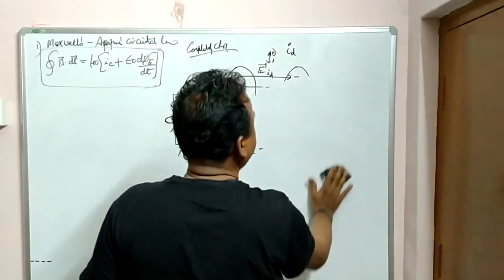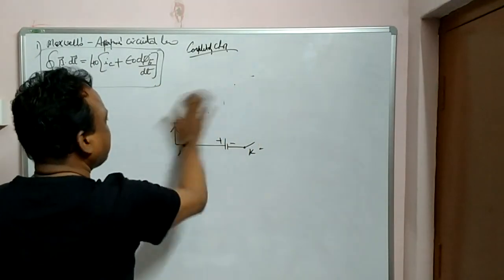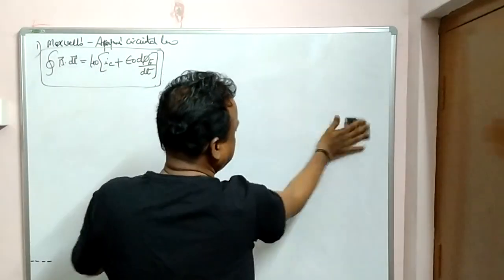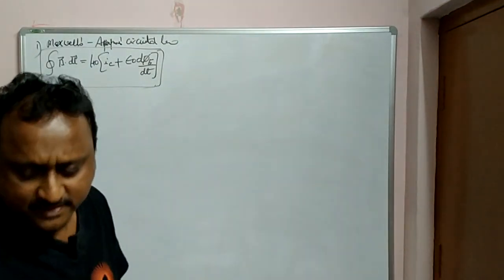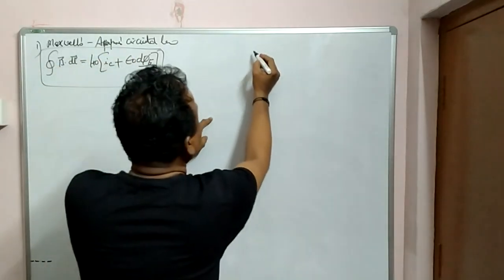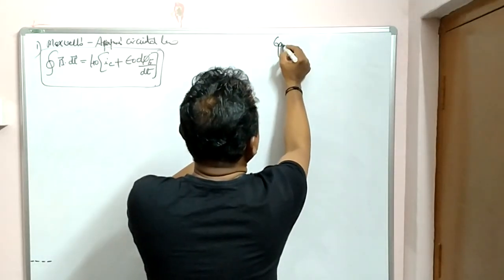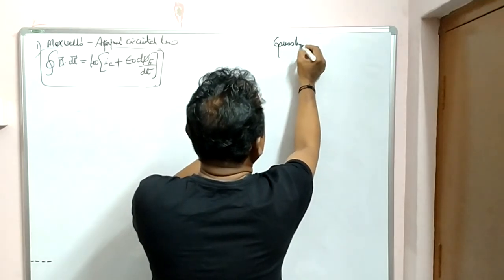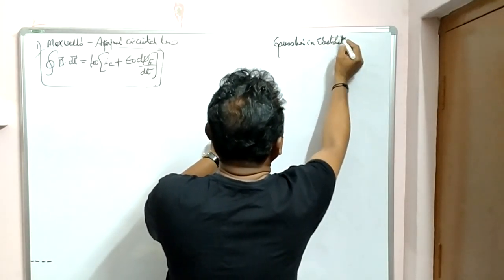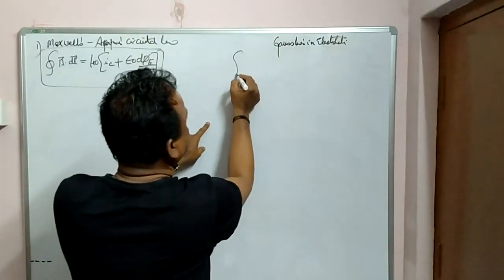That is Gauss laws in electrostatics. He has changed the entire physics equations. Okay, that is 4 equations. Second, this is first one. Second one, Gauss laws in electrostatics. We all know what are the Gauss laws.